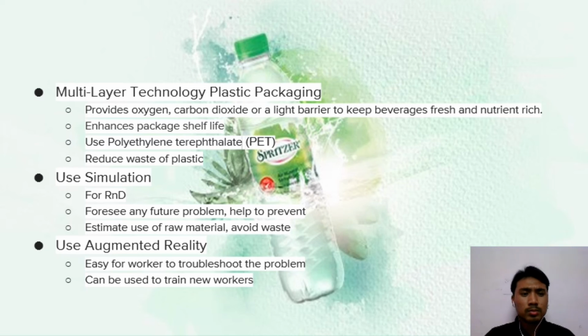Thus it can help to reduce cost and does not rely on a human supervisor at all times, and also makes it easy for the worker to see which parts need to be changed. Augmented reality can also be used to train new workers as it provides an overview of all the machinery or parts during the production.